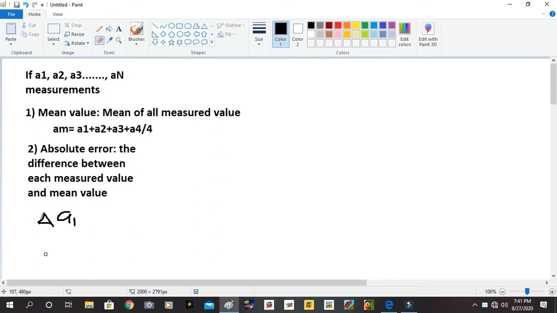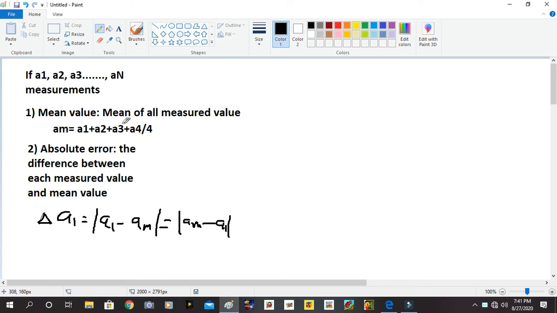Delta A1 is equal to the magnitude of A1 minus AM, or I can write it as the magnitude of AM minus A1.